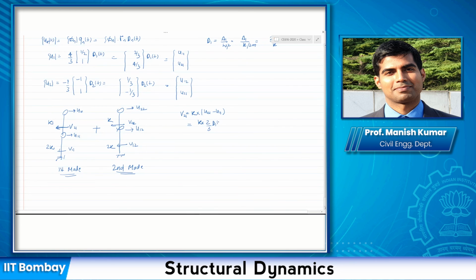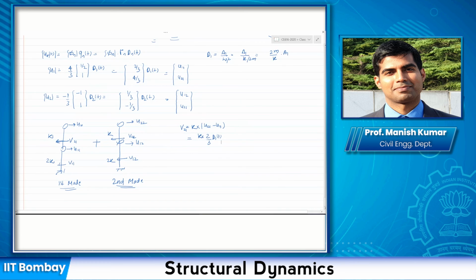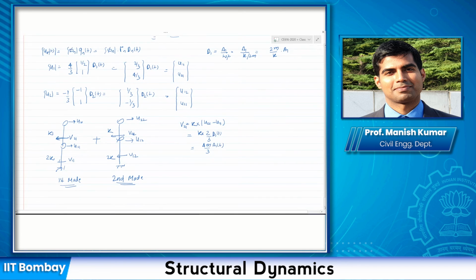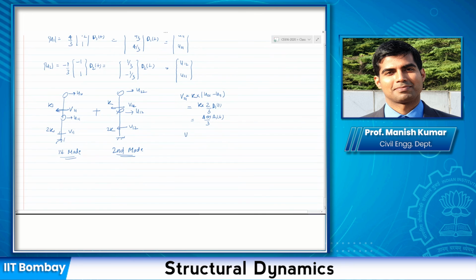d1t. Now I can substitute my d1t equal to 2m by k A1. So that would give me 2m by k, and it would become 4m by 3 A1t. Okay. And V11 becomes the story stiffness, which is 2K, times the story deformation U21, minus 0.